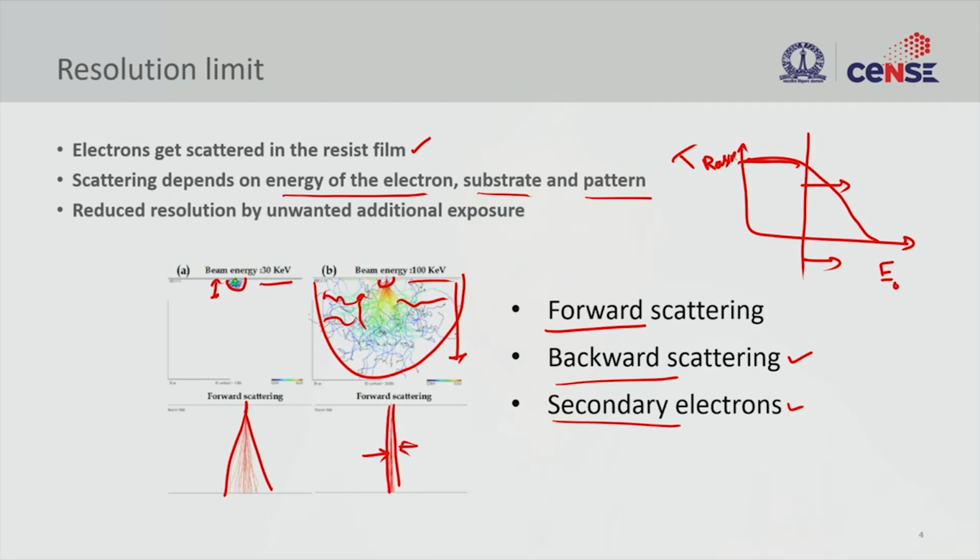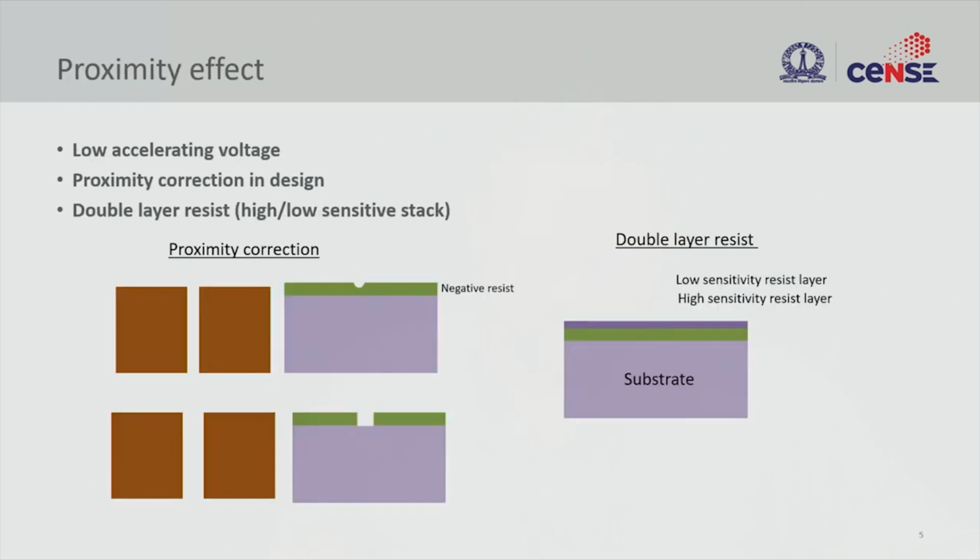This is not only affecting your resolution but also proximity. We will see that in a few minutes. So proximity depends on multiple things. As I mentioned, accelerating voltage, we just stopped there in the last slide. So accelerating voltage affects proximity, and proximity correction should be taken care of in the design itself.